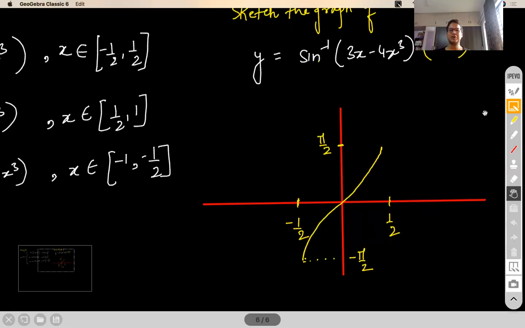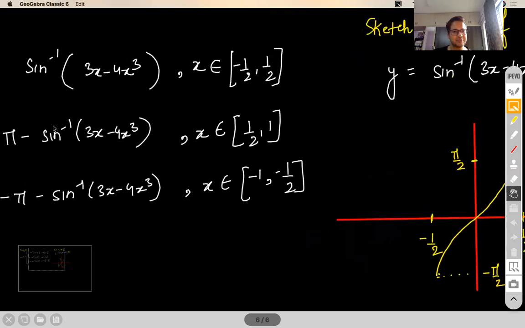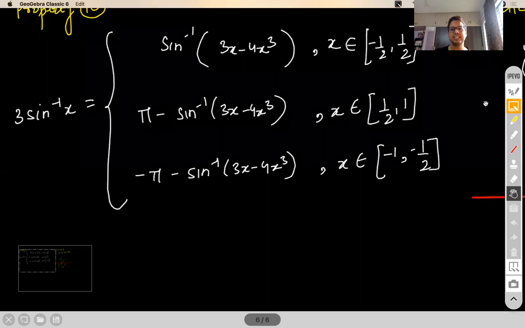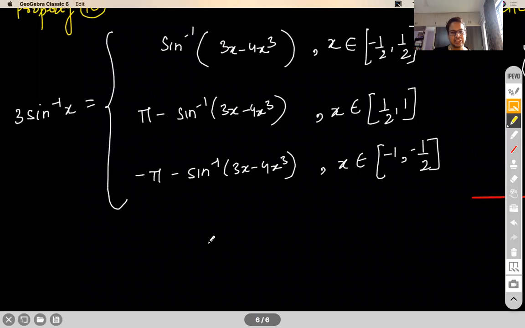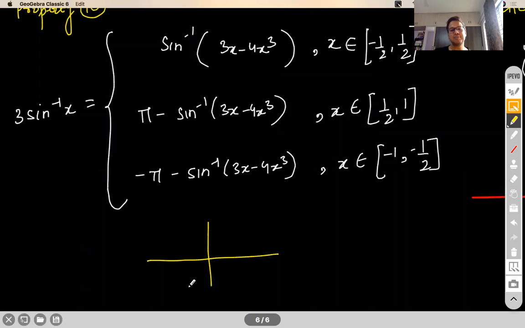All right. Now, the part of the graph which I have to draw for half to 1. All of you, please pay attention. For half to 1, I have to draw the graph of pi minus 3 sine inverse x. So, the minus 3 sine inverse x graph will be like this. And this end is going to be at 3 pi by 2, and this one is going to be minus 3 pi by 2.